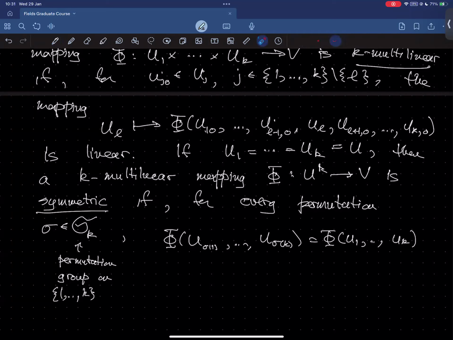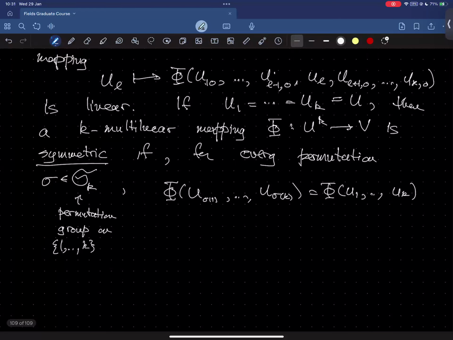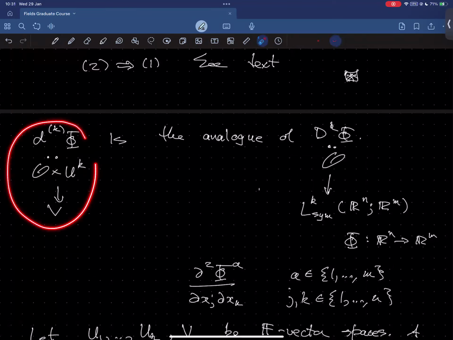So no matter how you permute the order of these u's, you get the same result. That's what it means to be symmetric. Then you have a simple result, which says that this mapping d^k, if you fix x, is multilinear and symmetric in U^K.